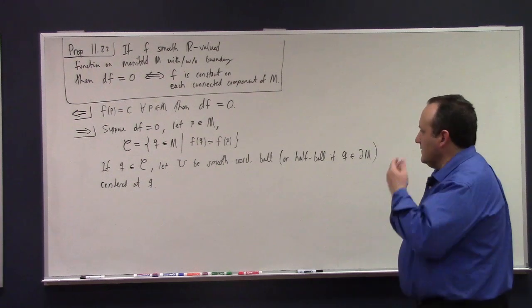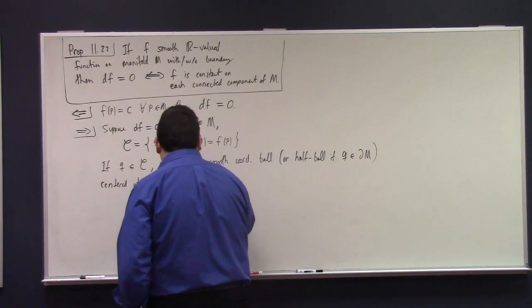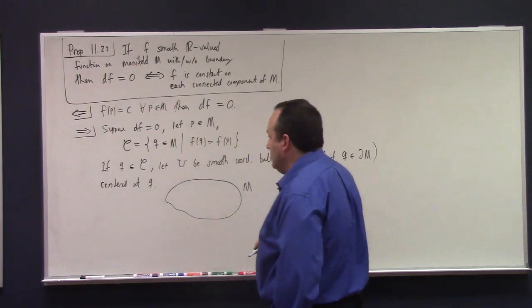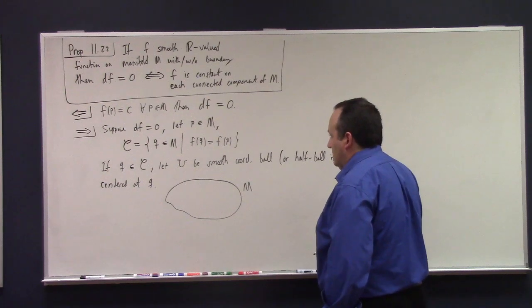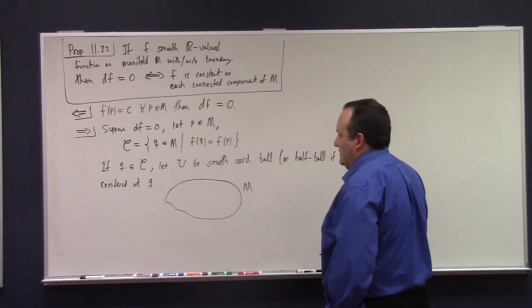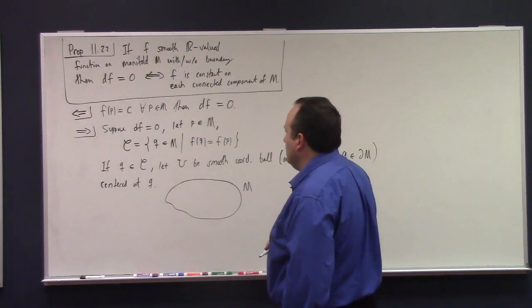All right, so let's see here. Let me draw a picture. Here's M. How do we know that the set's non-empty besides P? Well, I mean, we know P's in there. I got you.